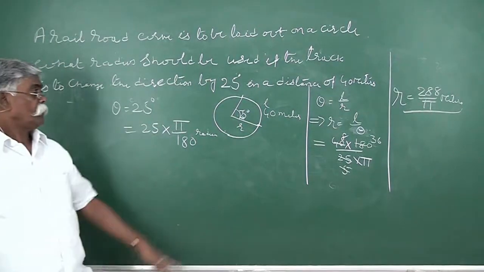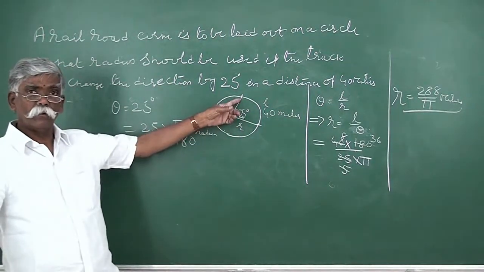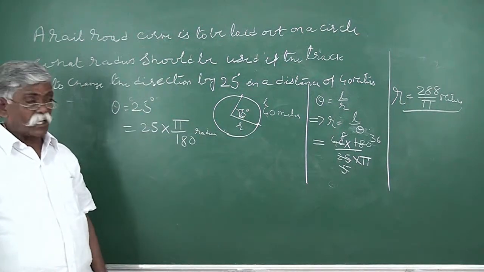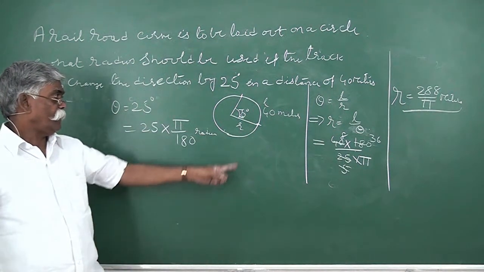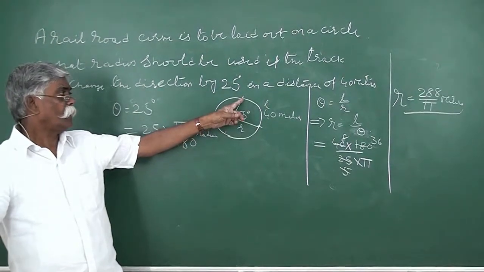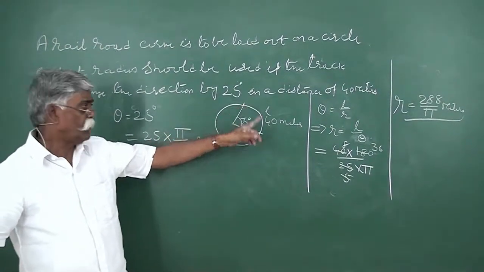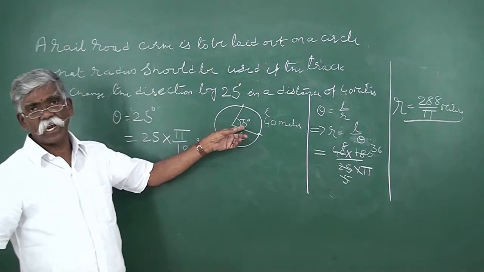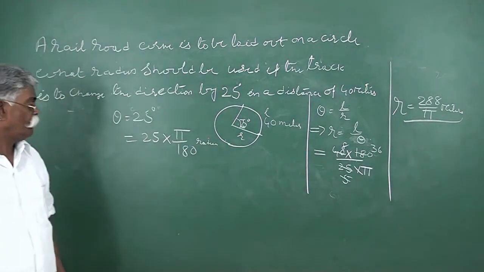So therefore a railway track is laid on a circle, and when the train starts from here and comes here in a distance of 40 meters, it is taking an angle of 25 degrees movement.